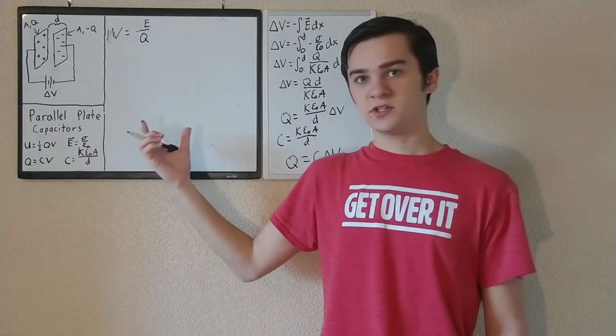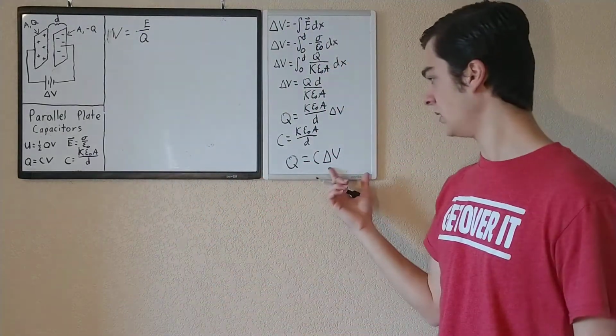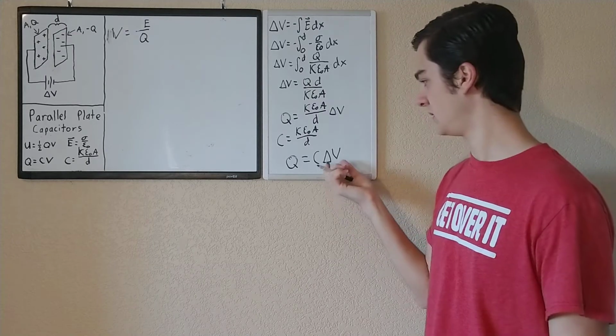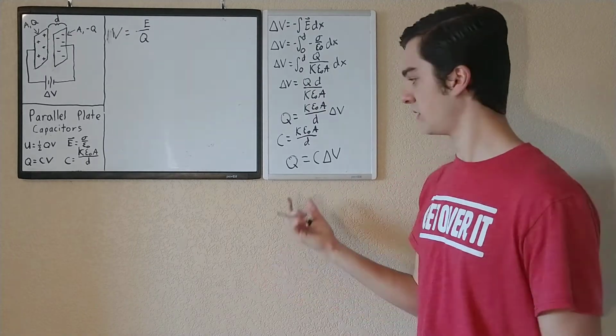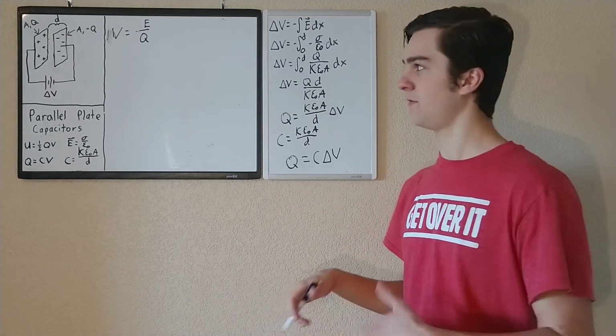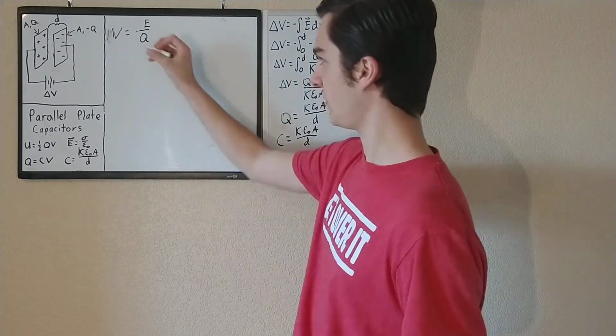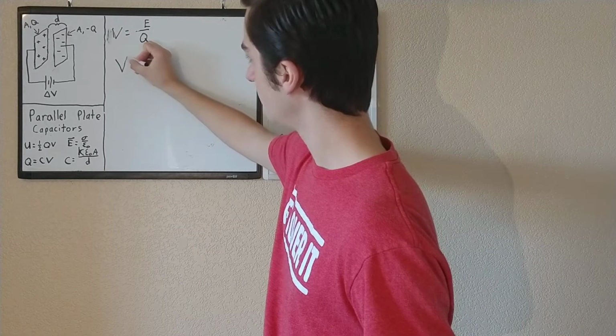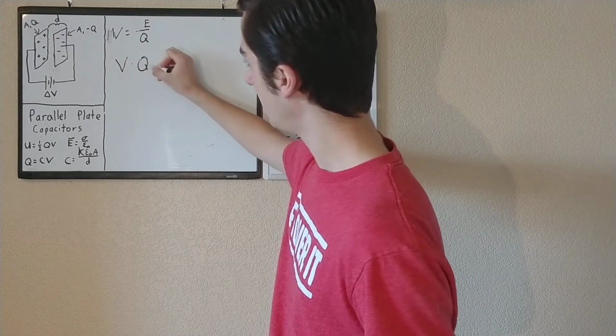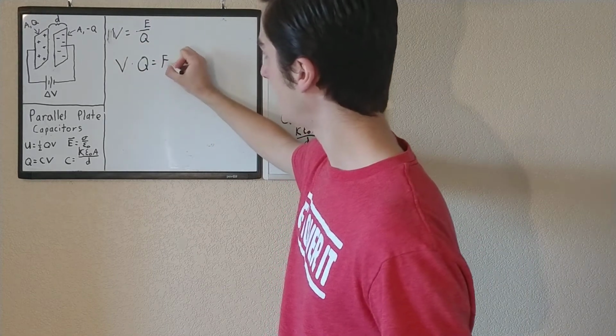So knowing this is the definition for voltage, if we know our voltage across our capacitor, and we know the charge on the capacitor, then at first what would seem intuitive to do is just to say, okay, if we multiply our voltage times our charge, then we get energy.